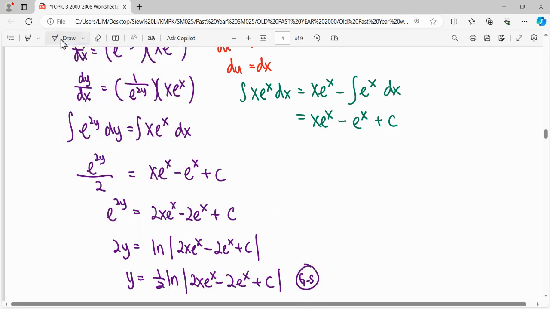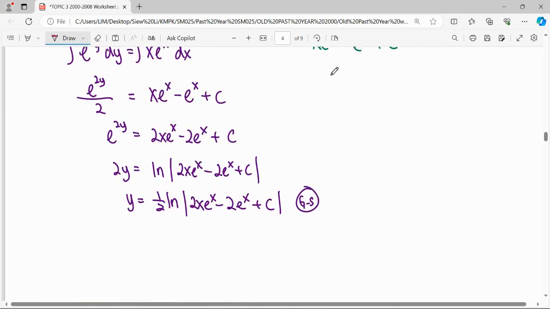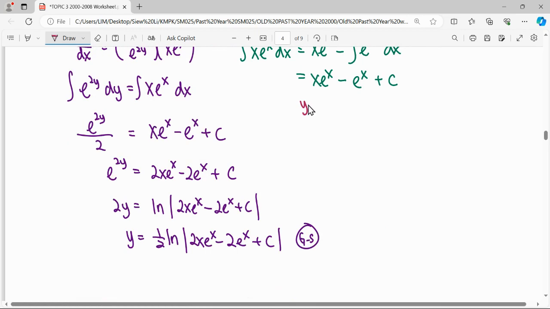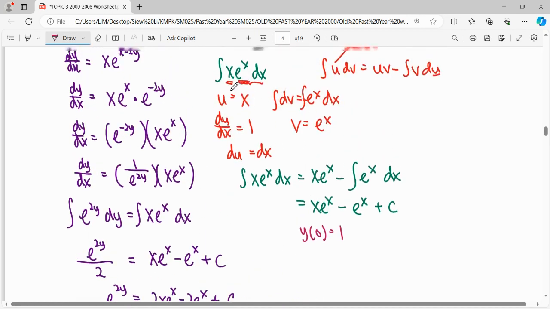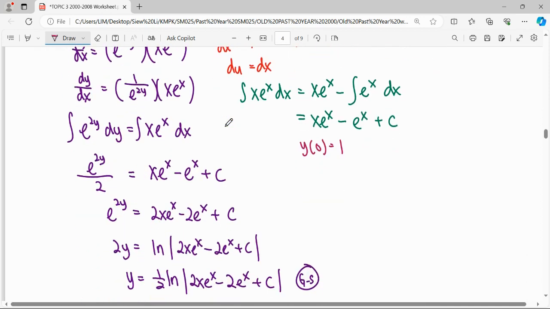For the particular solution, they give us y(0) equals 1, which means y in terms of x. You can see our DE here has y and x, so y in terms of x: when x is 0, y is 1. We substitute inside.